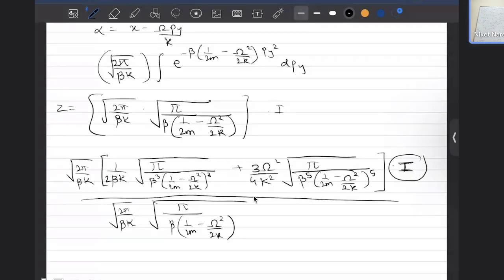Yes, this is it. Okay, so what I do is I'll cancel out these. Obviously, I'll cancel out these root pi's.